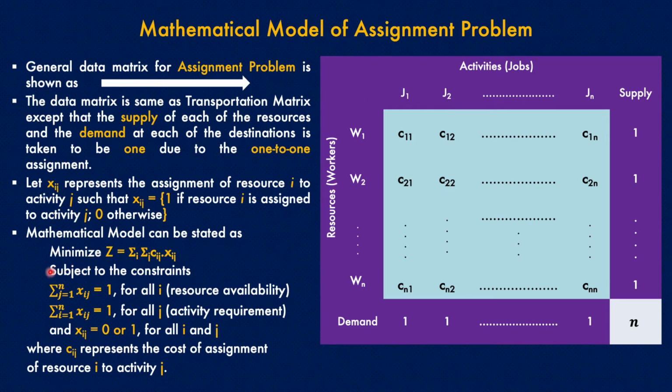This is subject to the following constraints: summation of j equal to 1 to n, Xij equal to 1 for all resource availabilities. Similarly, summation of i equal to 1 to n, Xij equal to 1 for all j activity requirements. And Xij, as we mentioned earlier, its value will be either 0 or 1 for all i and j.